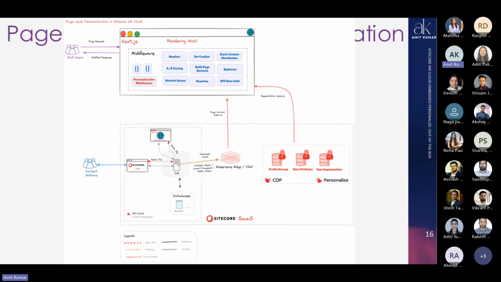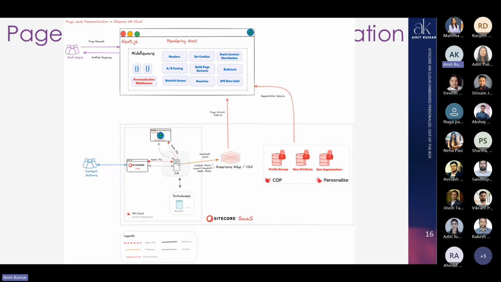For example, if you have a condition of whether you have visited a website in the past 10 days or not, that is a set of segmentation. If I give you an example from XP, we used to write custom conditions like the user has visited my website in the past 10 days or the user belongs to this attribute or not.